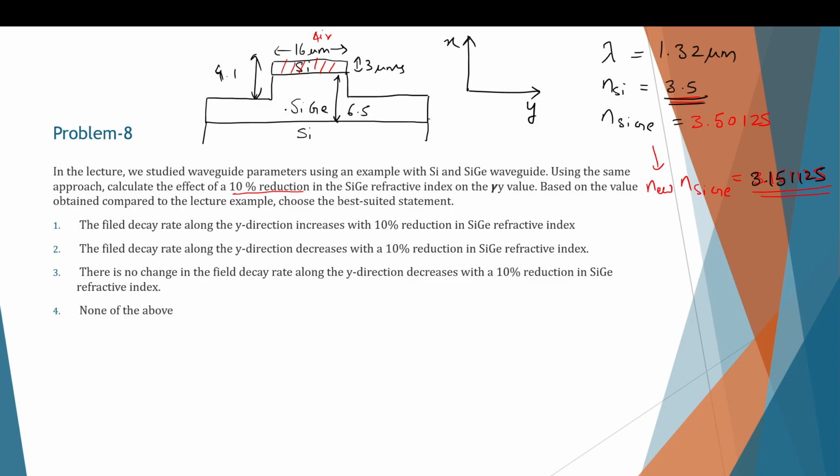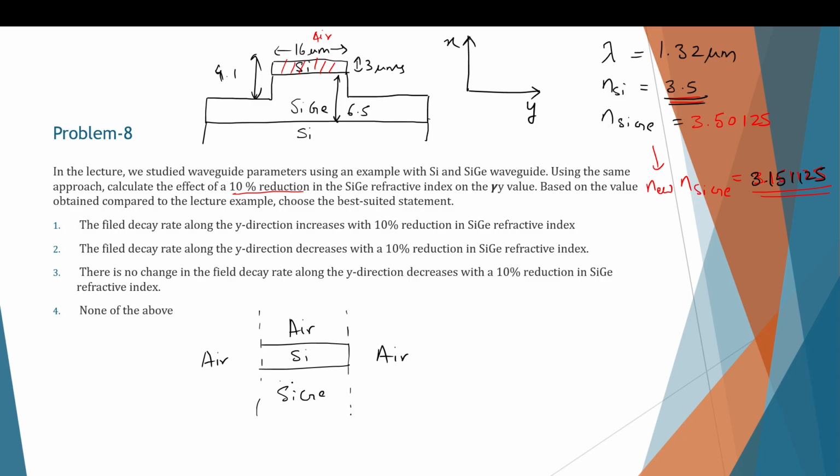So based on that, if I just try to do the effective indexes, then in the center I will have silicon as my guiding layer, above is air, and below is silicon germanium, and on the sides there is only air here, right? So that was how I approached the problem.